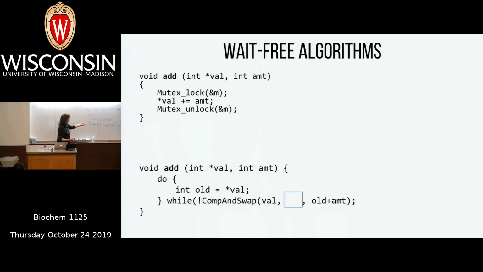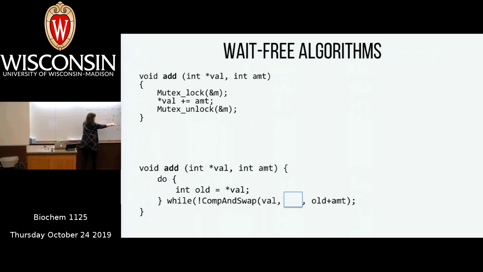So the way compare and swap works is if val got set to some new value, so let's say val used to be equal to 3, and we wanted to add 2 to it. So we remember that old is equal to 3. But then someone else comes through, and we see that val is now equal to 10.